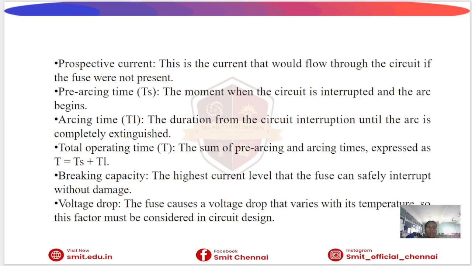Next, pre-arcing time: the time taken for the fuse element to start melting. Next, arcing time: the time taken to extinguish the arc after melting begins. Total operating time: the sum of pre-arcing and arcing times. That means T is equal to Ts plus Ti.